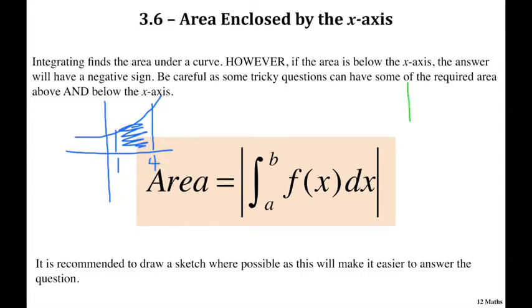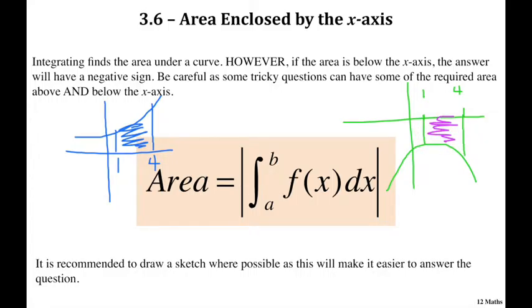But if, when I draw my graph, let's say it was an upside down parabola, and I went between 1 and 4, the area now is under the x-axis, which means when we actually use our special formulas, we get a negative answer. What happens is, for any part of the graph that's above the x-axis, we get a positive answer. Any part of the graph that's below the x-axis, we end up with a negative answer.